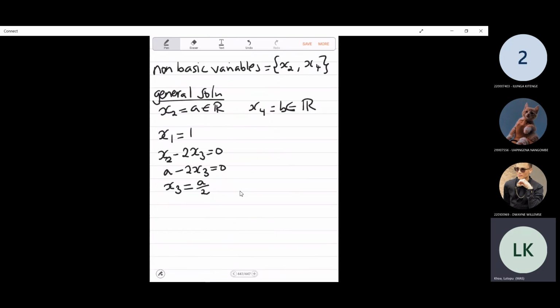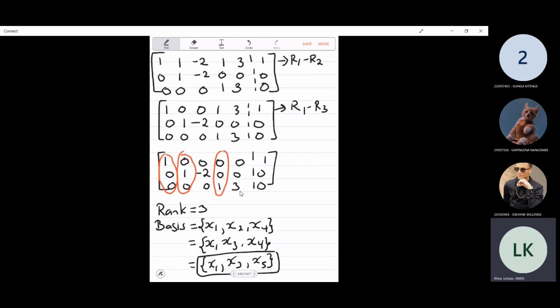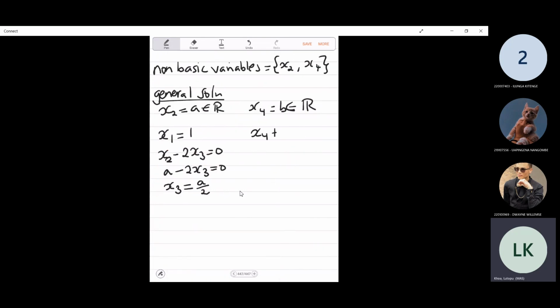So this means b plus 3x5 is equal to 0, which means x5 is equal to negative b over 3.